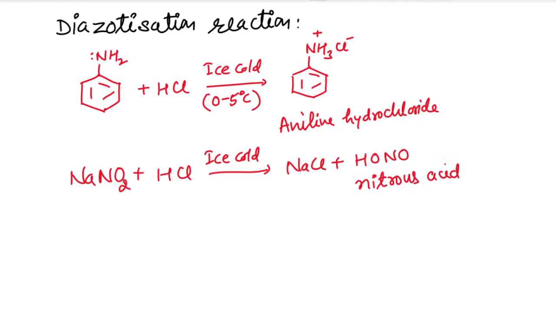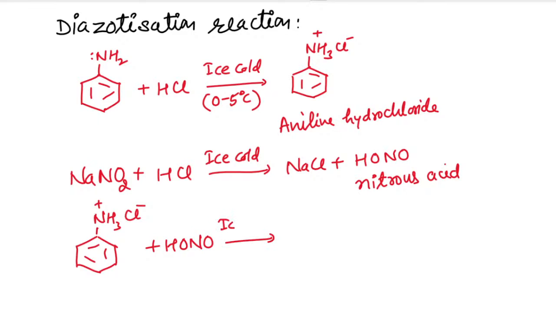Then this aniline hydrochloride reacts with nitrous acid in ice cold solution, and we get the desired product, that is diazonium chloride, benzene diazonium chloride.